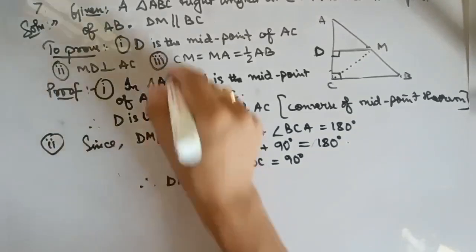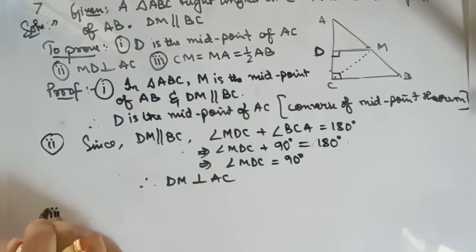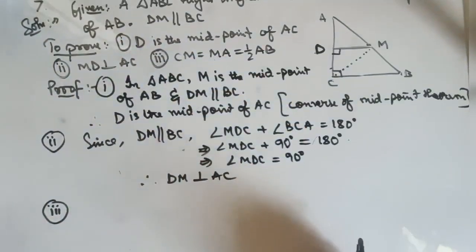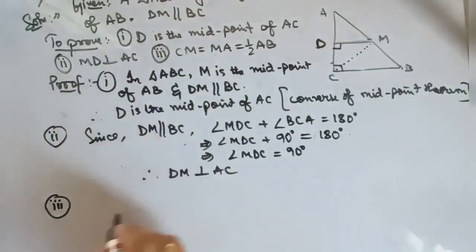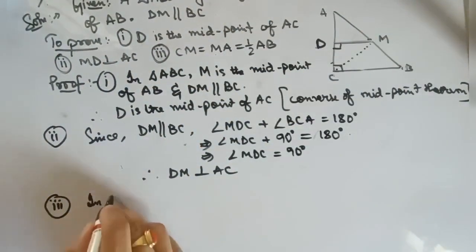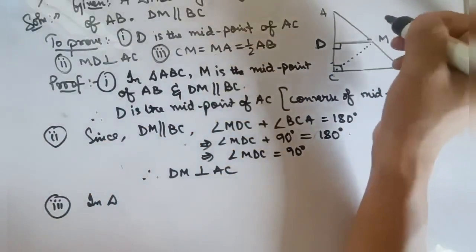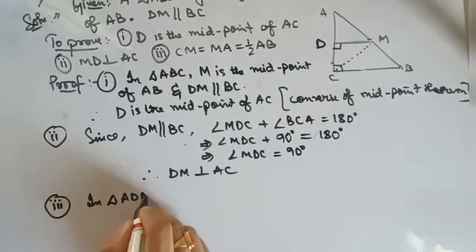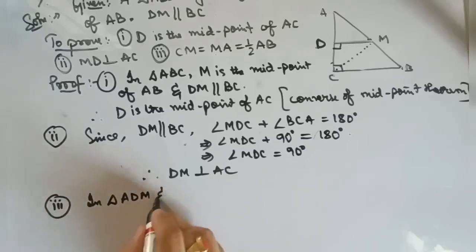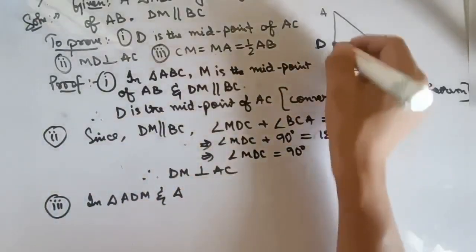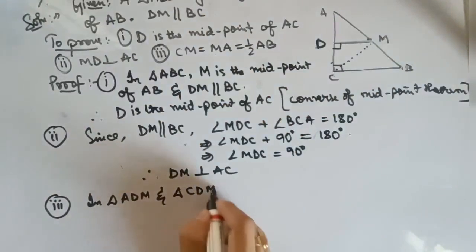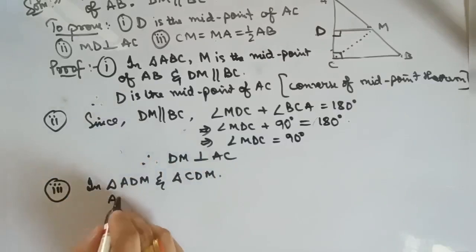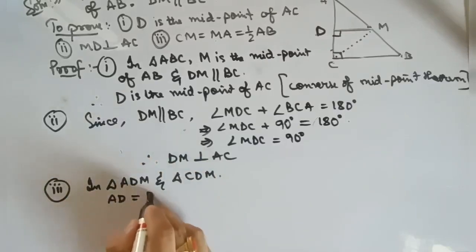Now for the third part, CM equals MA equals half of AB. So let us consider two triangles, triangle ADM and triangle CDM. AD is equal to DC. Why?